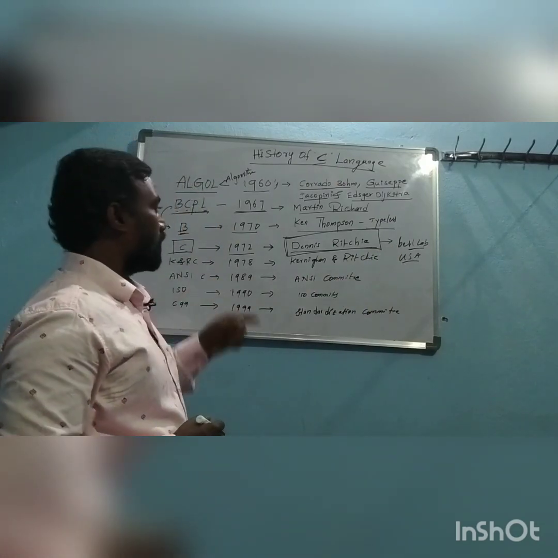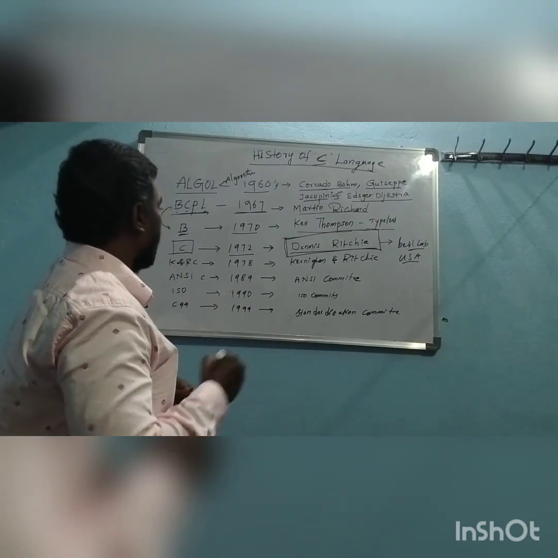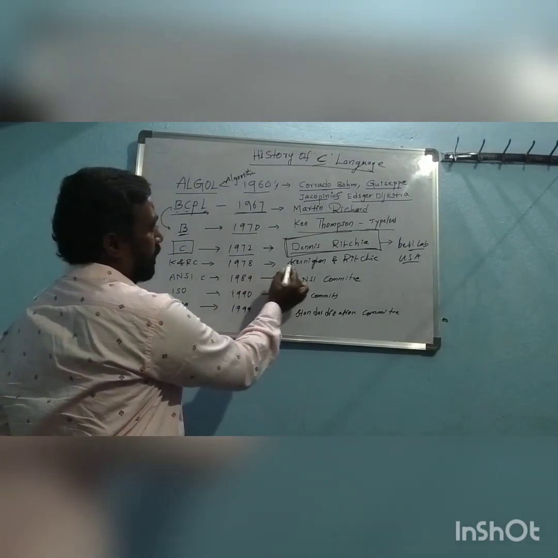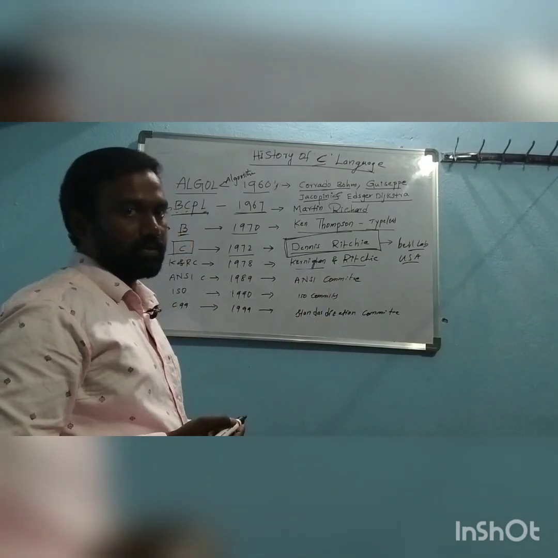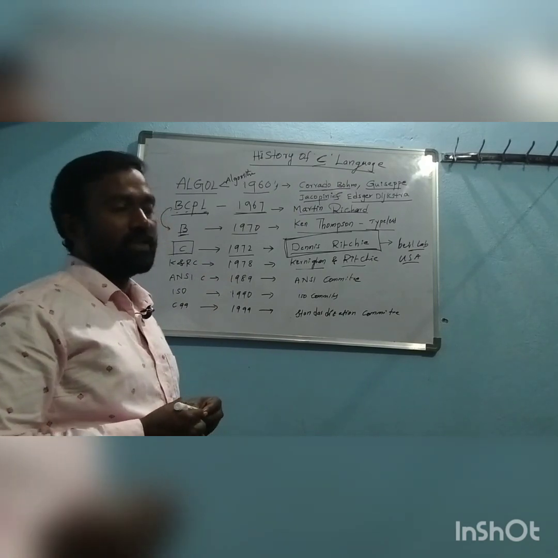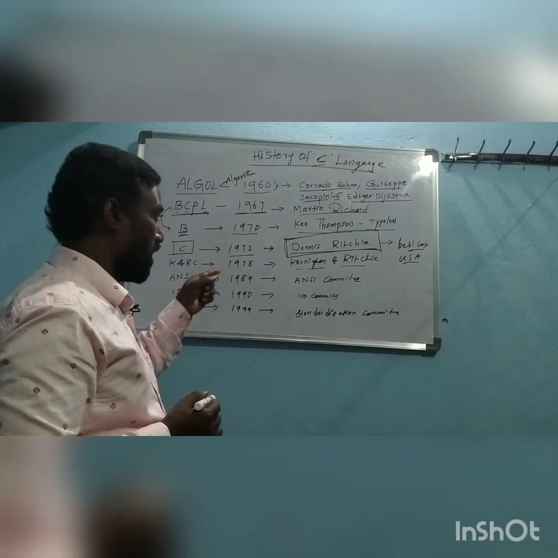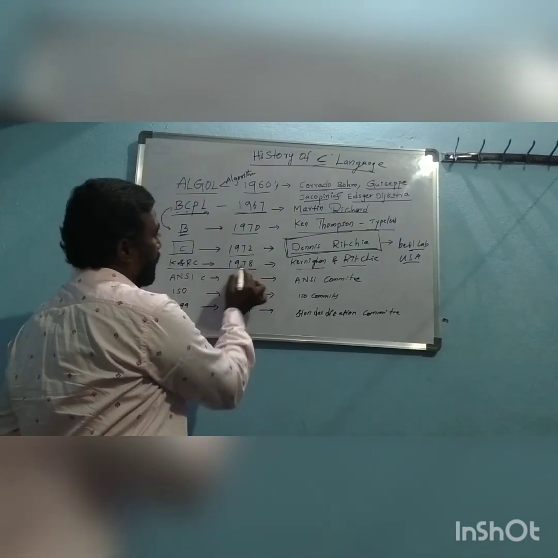This is the most important part, and it became very popular through Mr. Kernighan and Richie, who wrote a book on the C programming language. That book was very famous at that time. The book was released in 1978.